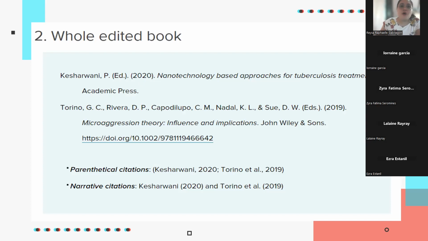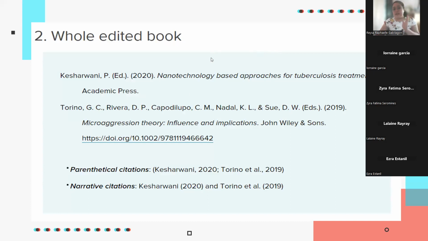But if it is a whole edited book, you may just have to add ed after the name, meaning siya yung editor or sila yung editors ng book. Okay, pero the same pa rin ang format. Year of publication, the title of the book in italics, and then you have here the name of the publisher.